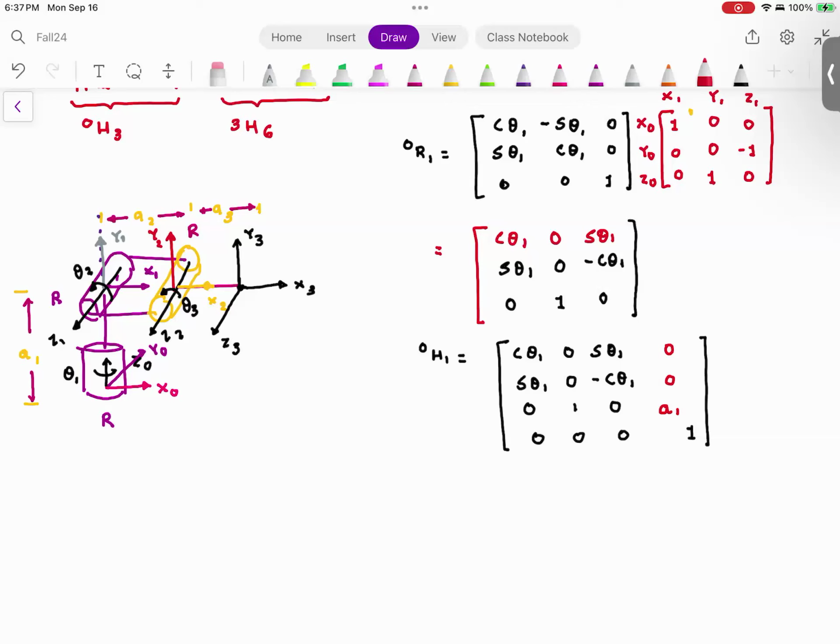I'm going to stick to x0, y0, and z0 and find the distances between the 0th frame and the first frame. Everyone understood this?